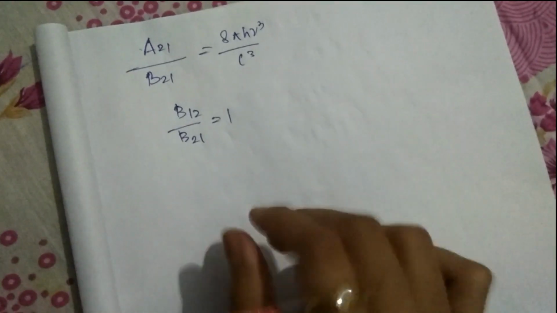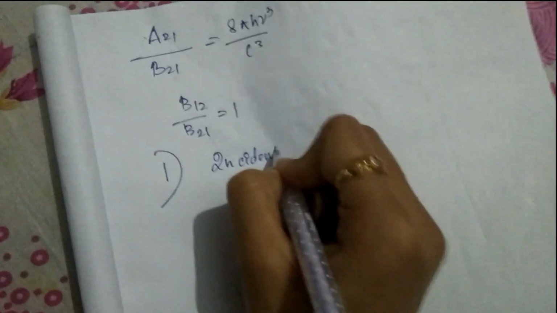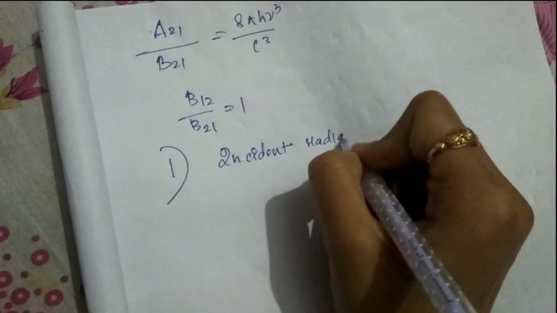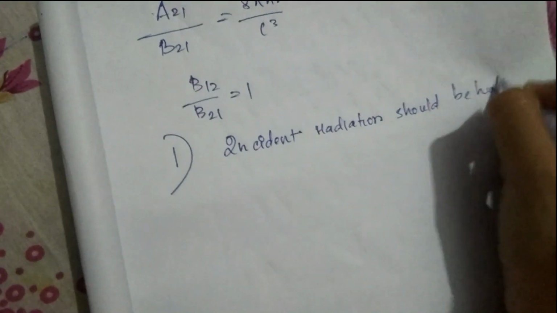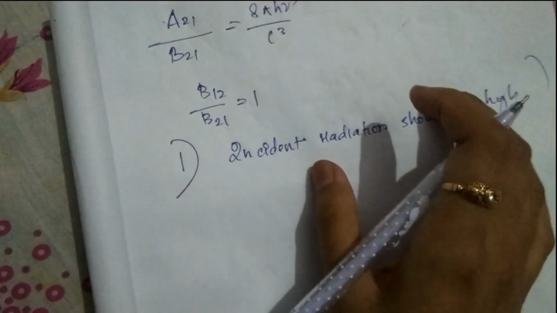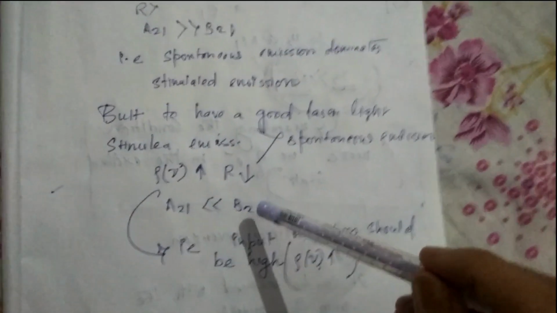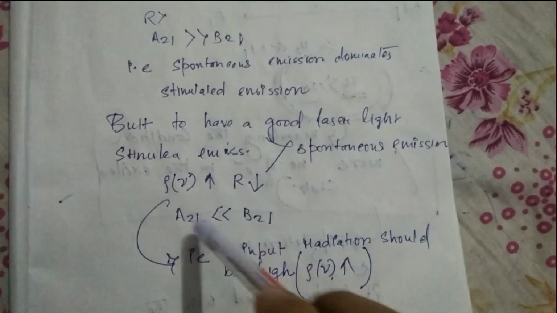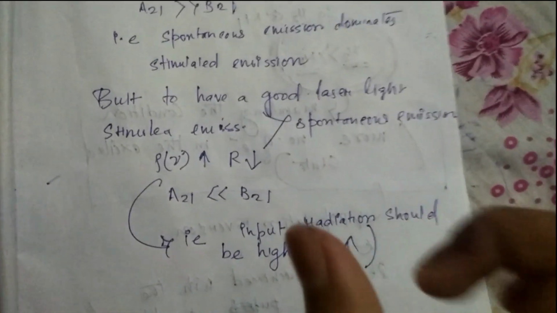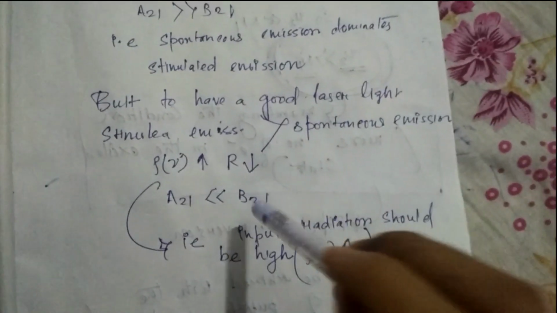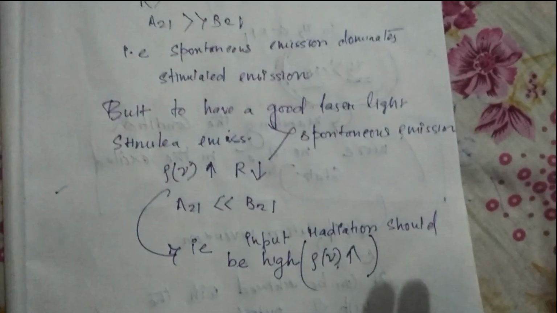The first condition is that the incident radiation should be high. If the incident radiation is high, then R will be less, then A21 will be less than B21, which means stimulated emission is greater than spontaneous emission, fulfilling the condition to have a laser light.